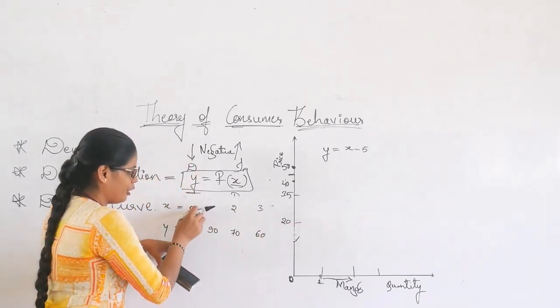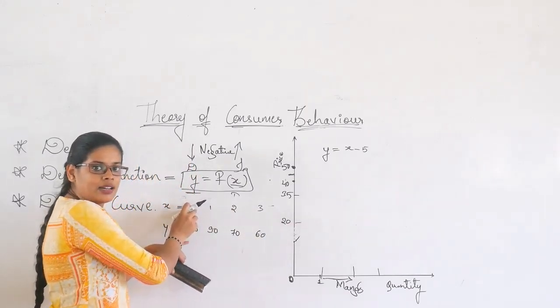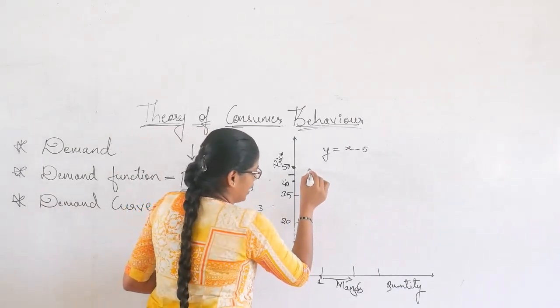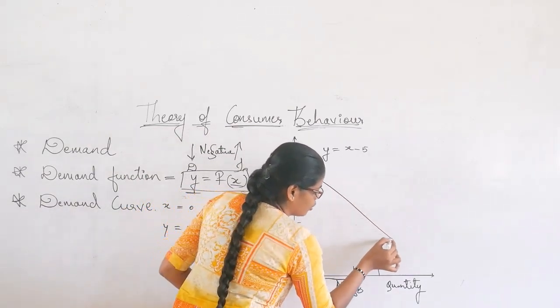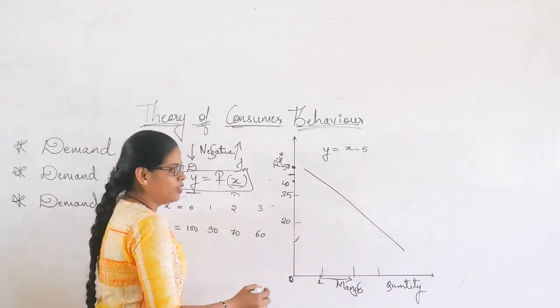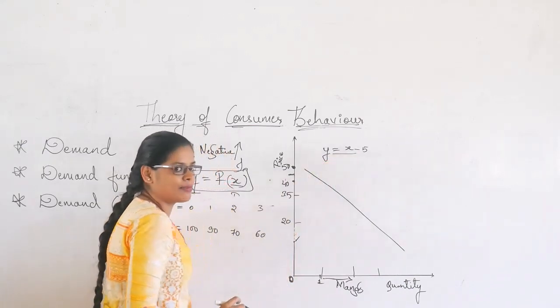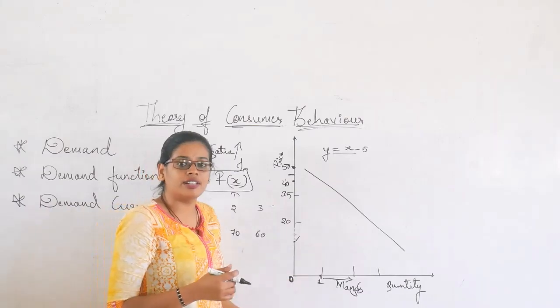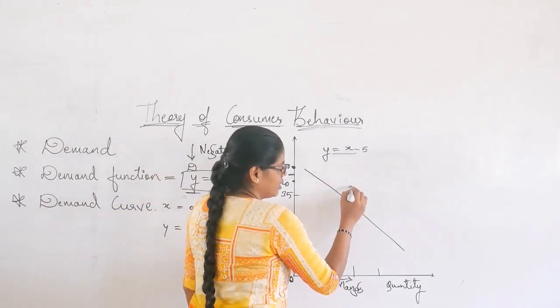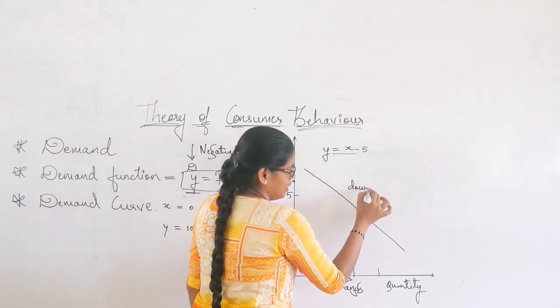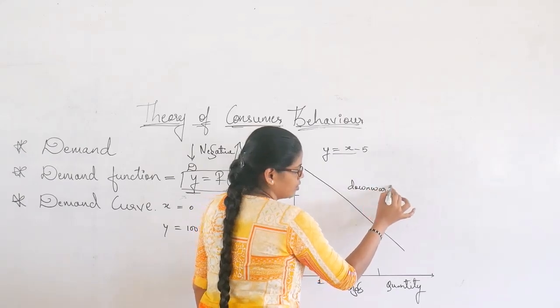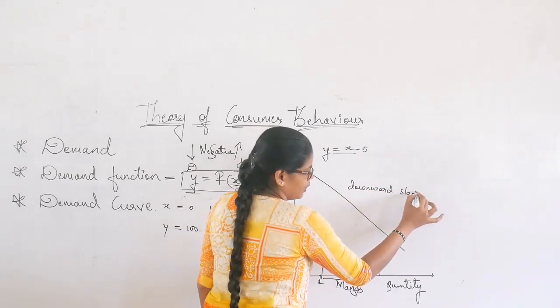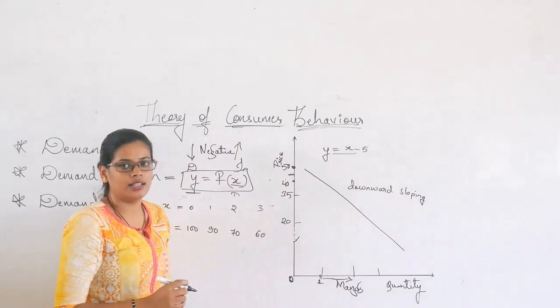So when you plot these numbers in the graph, you can see there is a downward sloping. So this is also a demand function, which gives us the downward sloping of the demand curve.